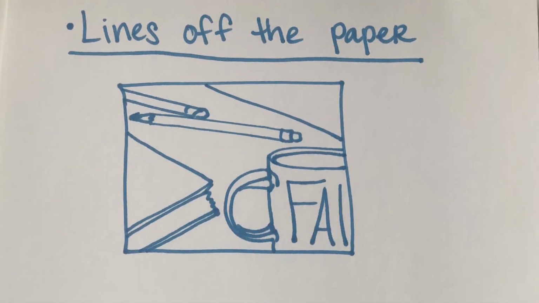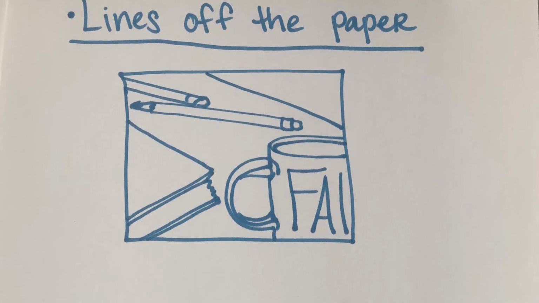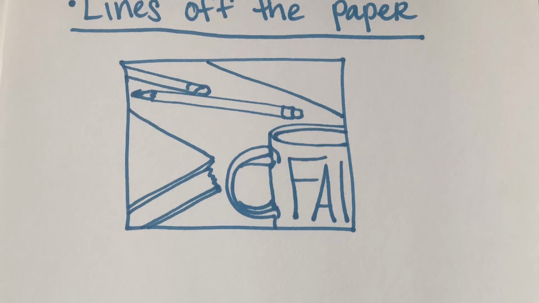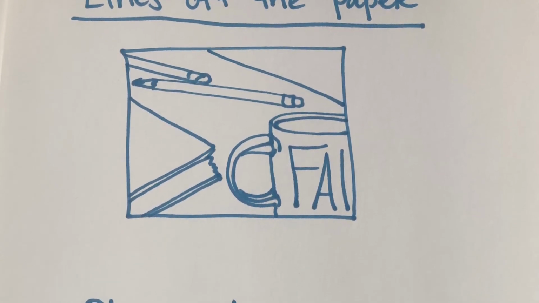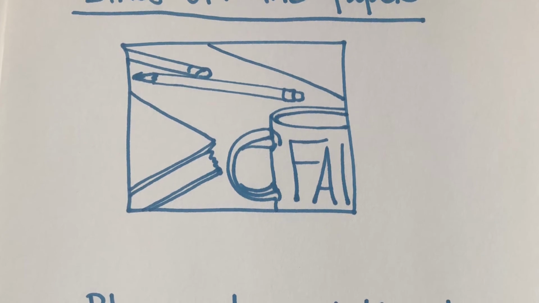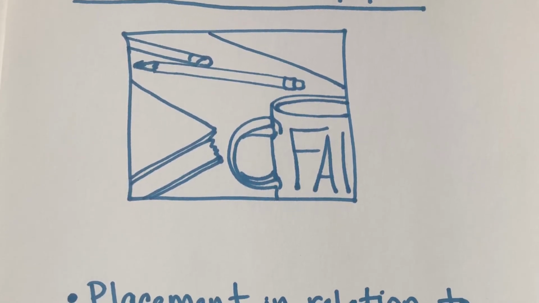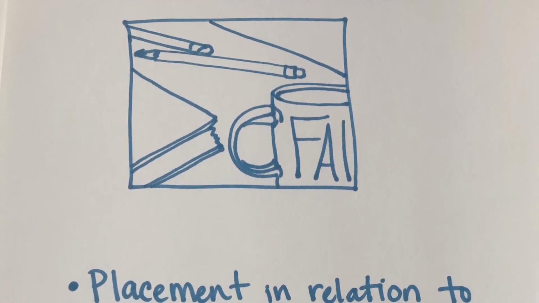Okay, so the next technique is lines off the paper. When you draw big, you're kind of doing lines off the paper anyway. But by not having an item enclosed in the space, it's very popular now in a more minimalist fashion to have items isolated on a page, and that's one look.